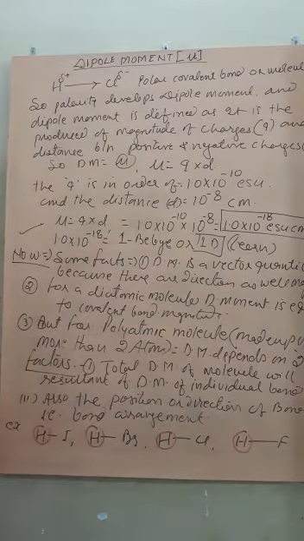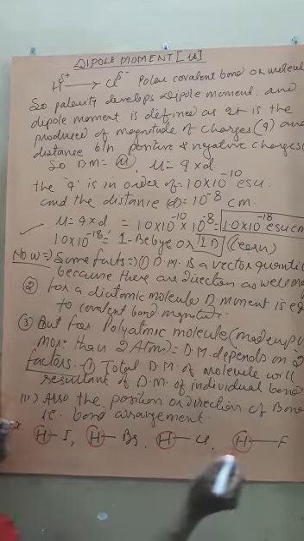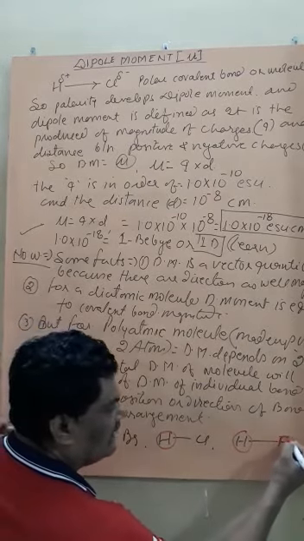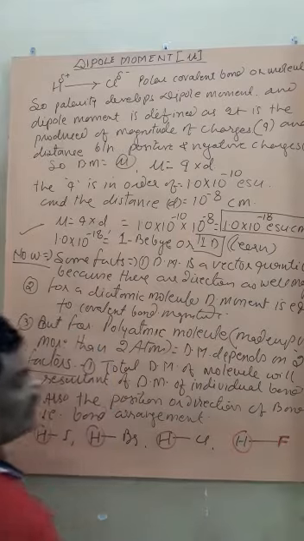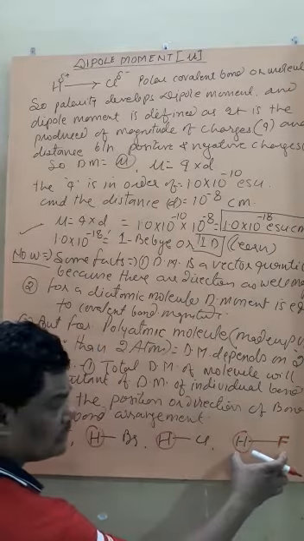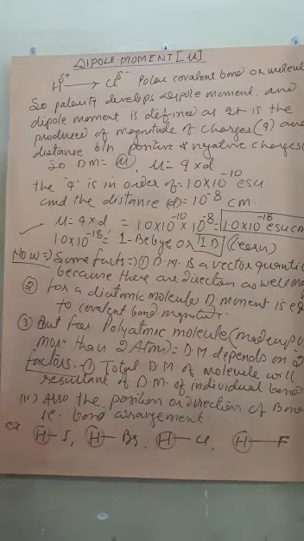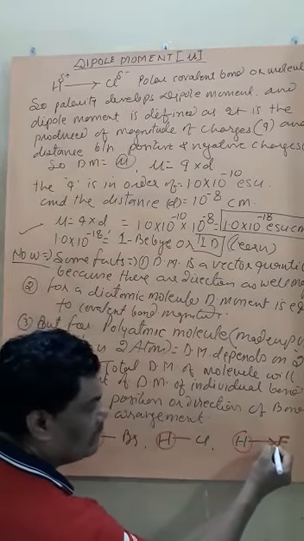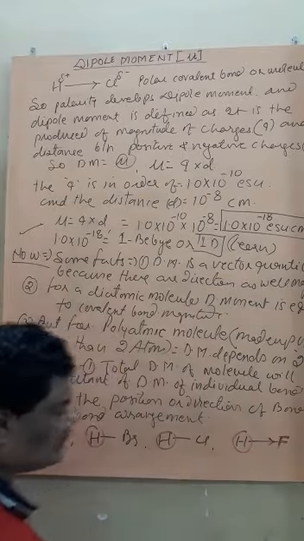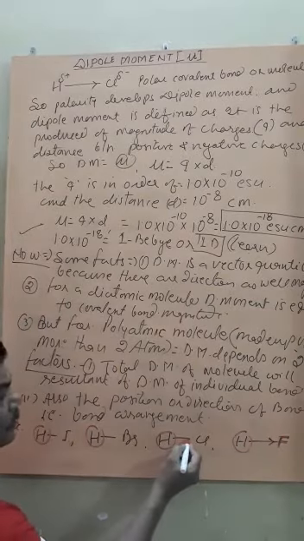Now student, you know from the third chapter that down the group electronegativity decreases. That means the most electronegative atom in the halogens is F. That means there is the greatest electronegativity difference in HF. Therefore, the HF bond is the most polar.